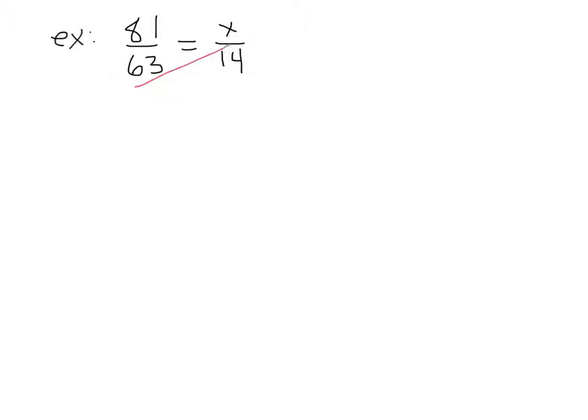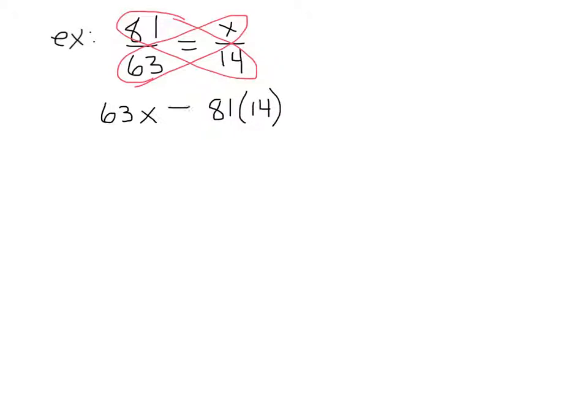I can cross multiply this way, 63 times x, and I can cross multiply the other way, 81 times 14, and I know that these two answers are going to be equal. How do I know? In a proportion, you can cross multiply and you're going to get the same answer.